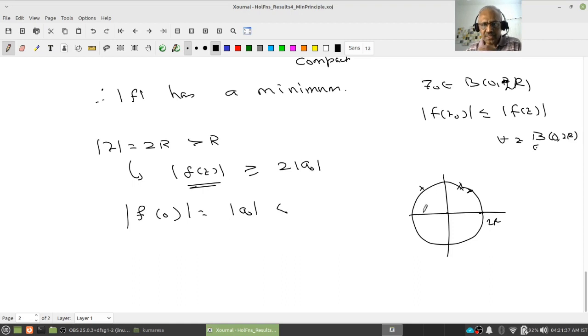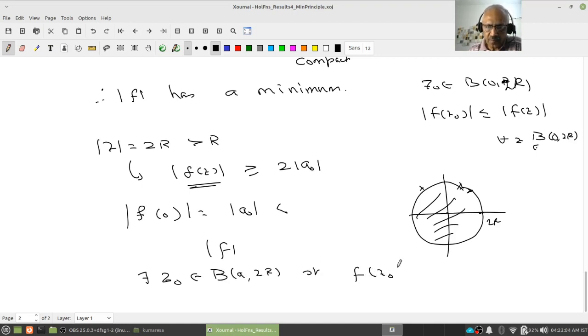So I know it has to attain a minimum. Mod f must attain a minimum on this closed and bounded set. But on the boundary, it's always greater than or equal to 2 mod a naught, while at the interior point 0 it is less than that. So what does it mean? There exists a z0 in B(0, 2r) so that it attains the minimum.